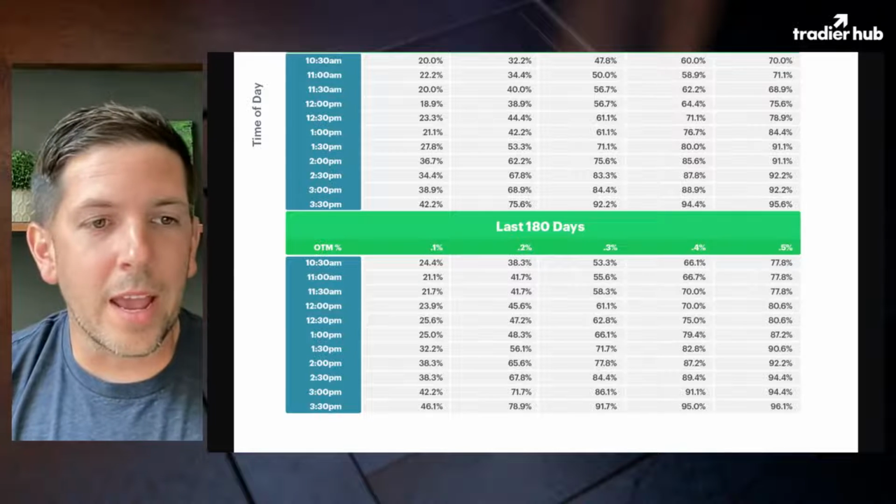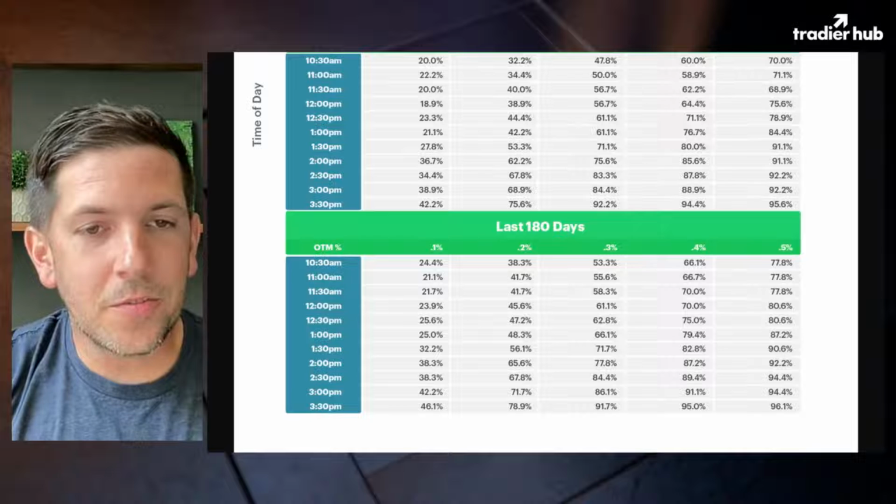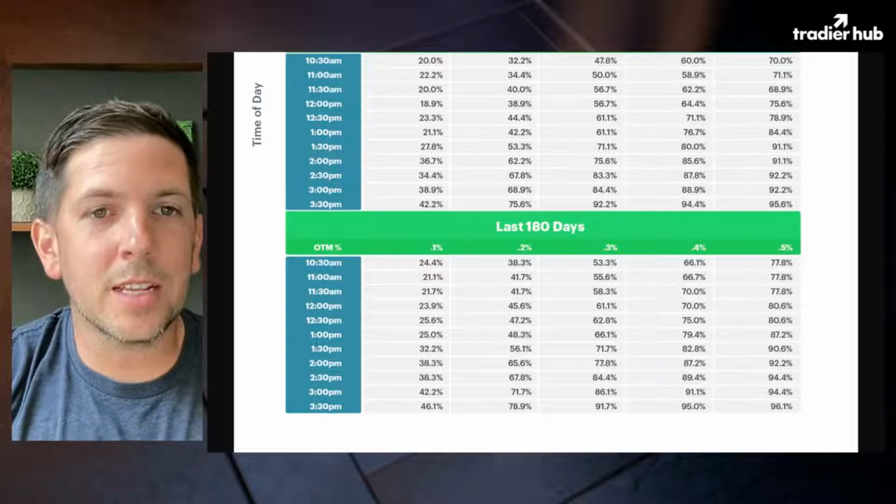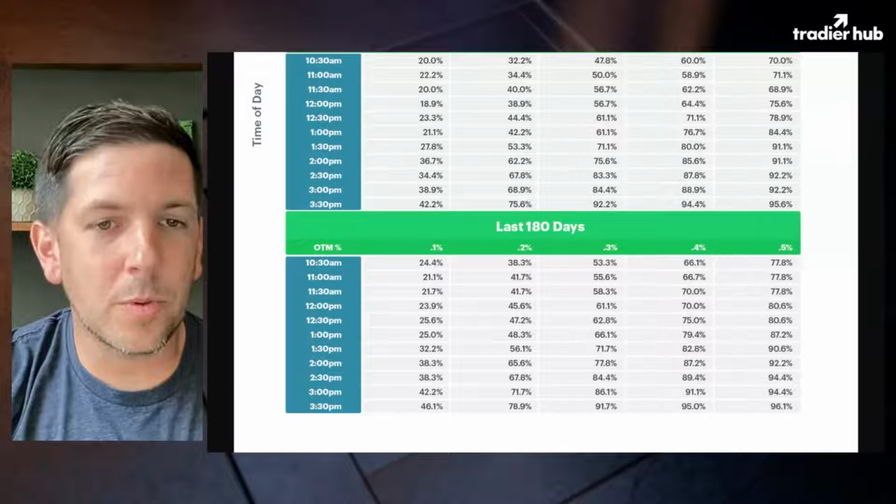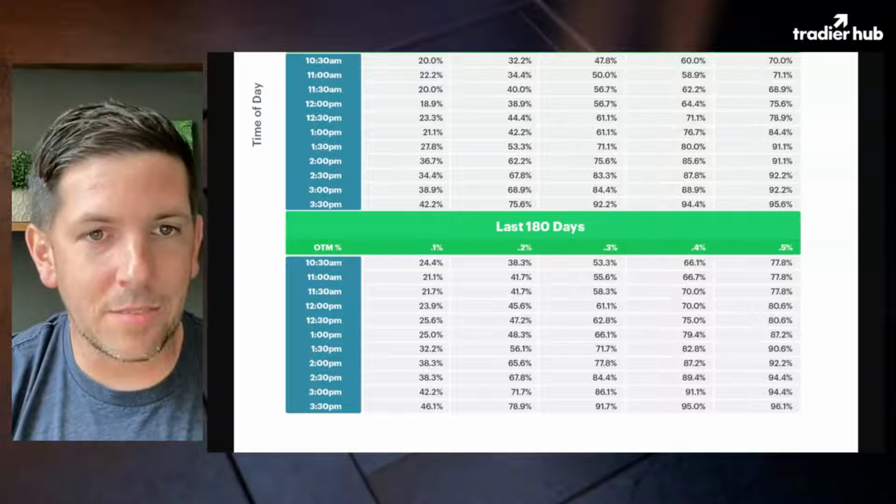So said another way, at 1:30, there's a 56% chance the market stays within a 0.2% range by the end of the day.